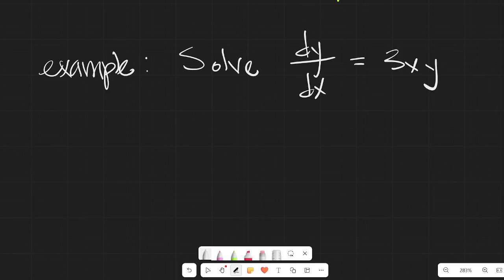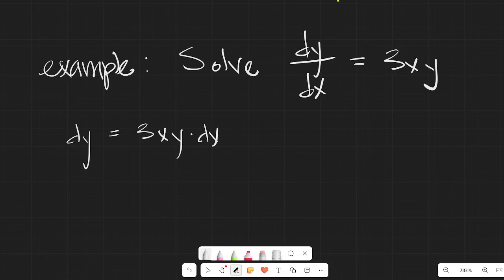So separating the variables, I'll do this one step at a time. What I'm going to do first is multiply through by dx on both sides of the equation, getting dy by itself, right? So the equation is dy/dx equals 3xy, and we have 3xy dx.